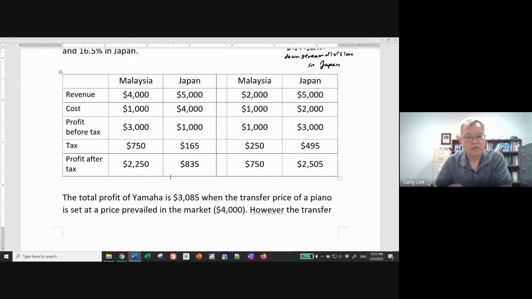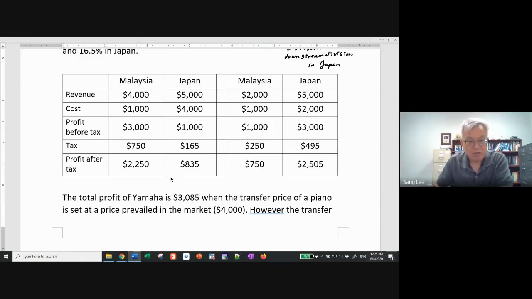Look at the left panel of this table. Here in Malaysia, where the manufacturing division is, it doesn't cost a lot of money to manufacture a piano. So the upstream division charges the distribution division $4,000 for each piano.